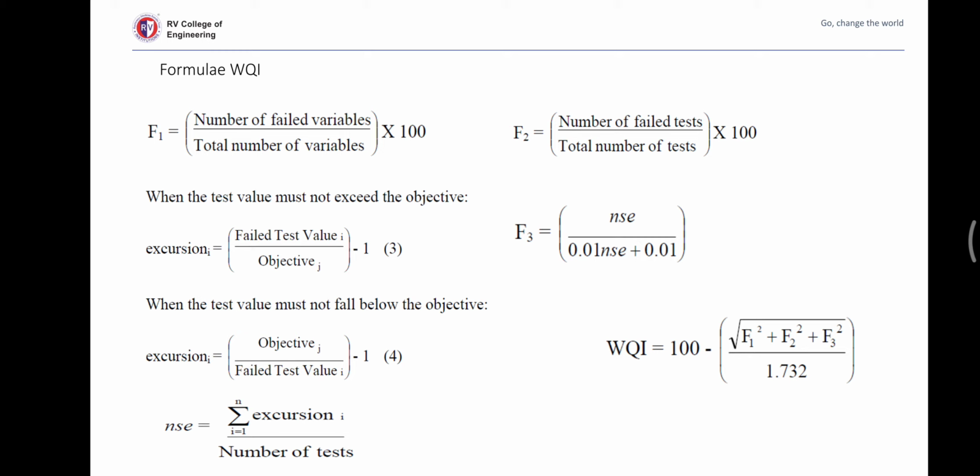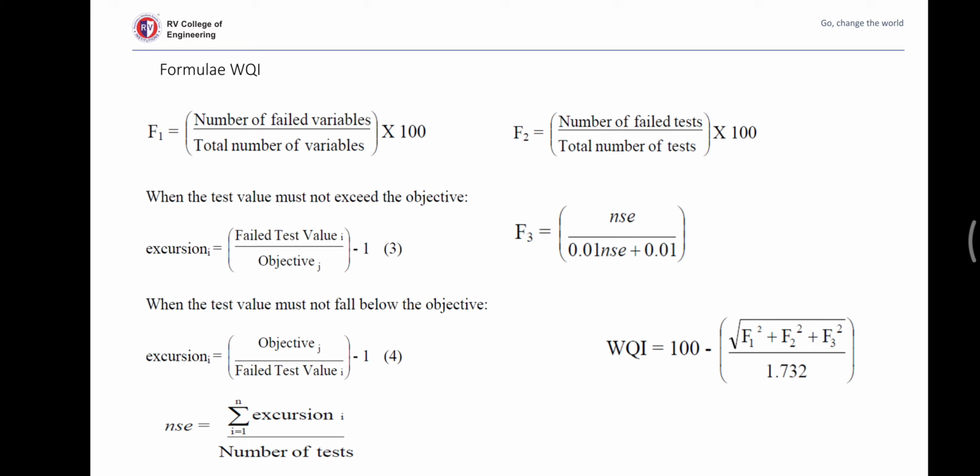To calculate F3, we have to use the excursion method, which gives the amplitude of the failure. In the sense, if the turbidity is 4, and the acceptable value is 1, then it is failing by 3 units, right? Not all the tests fail by 3 units.